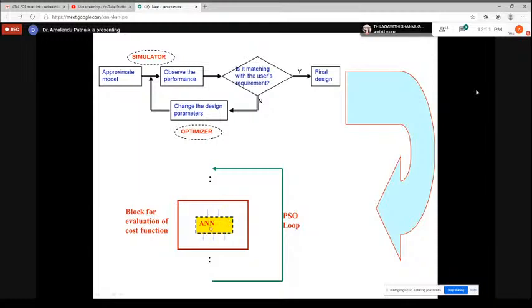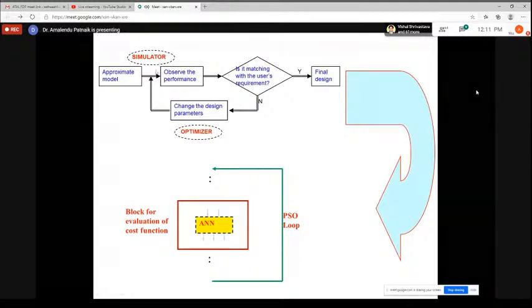In that way, you can avoid the requirement of a simulator. Not only that, you can avoid the simulation time. Each simulator has its own simulation time, right?